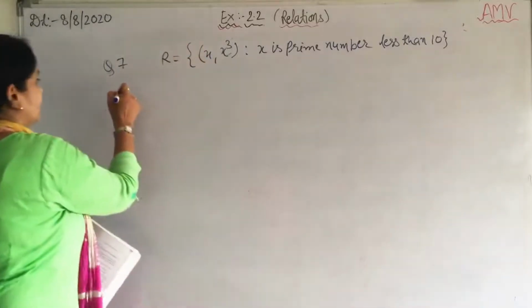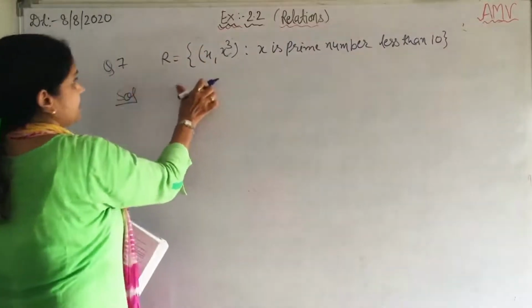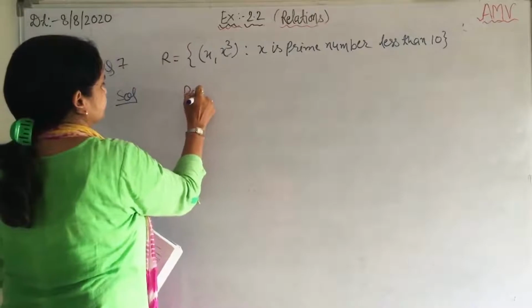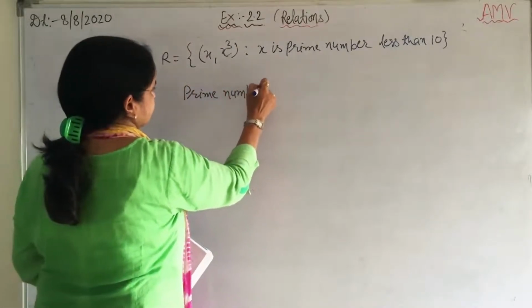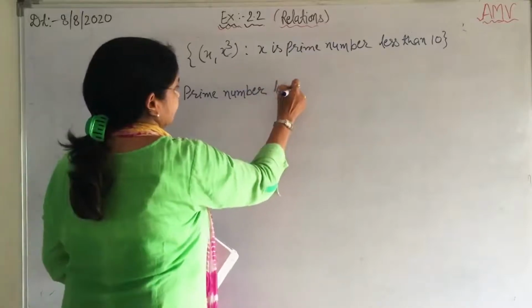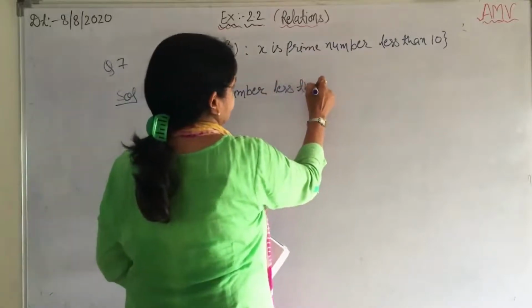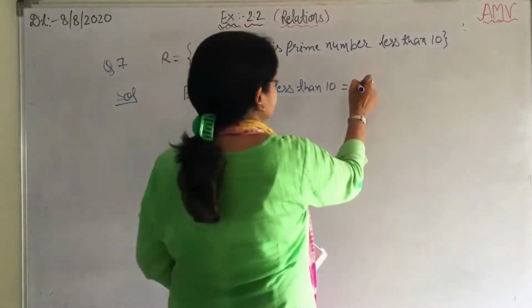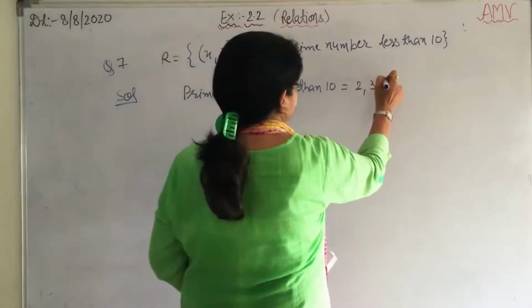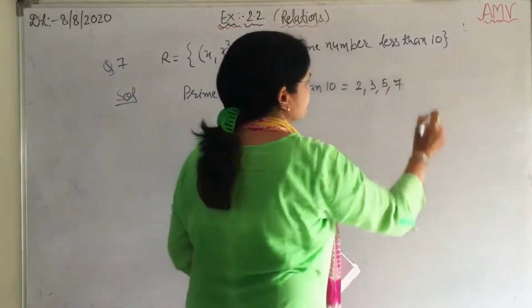So first of all, the prime numbers less than 10 are 2, 3, 5 and 7.